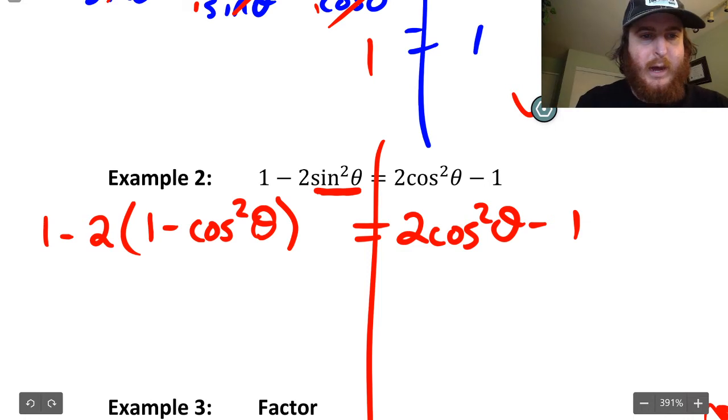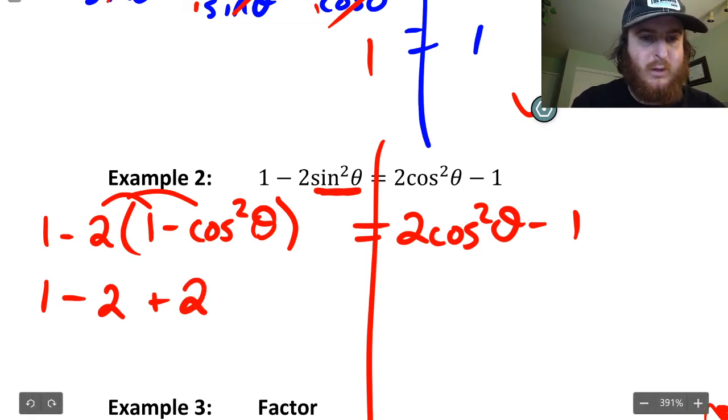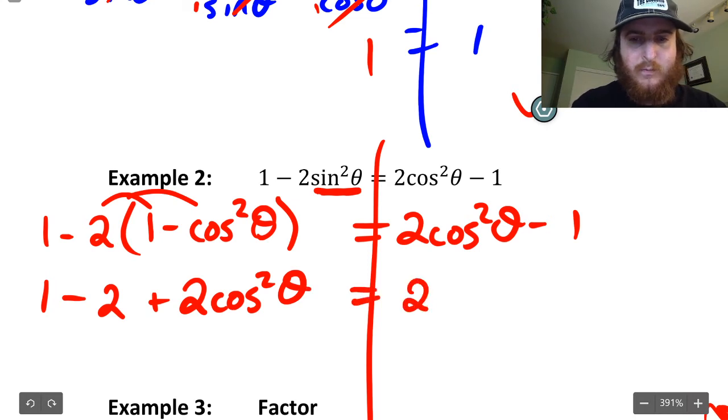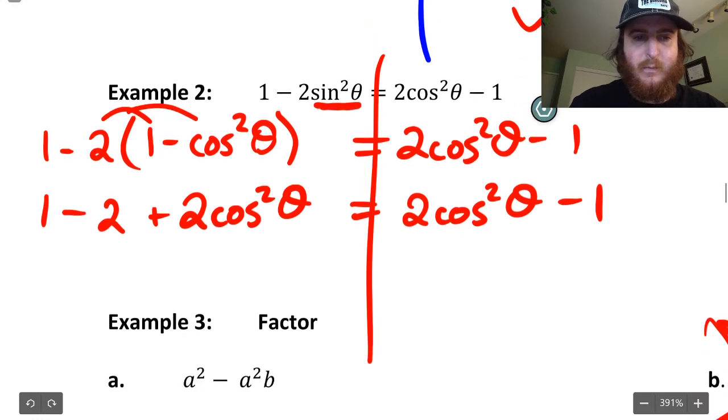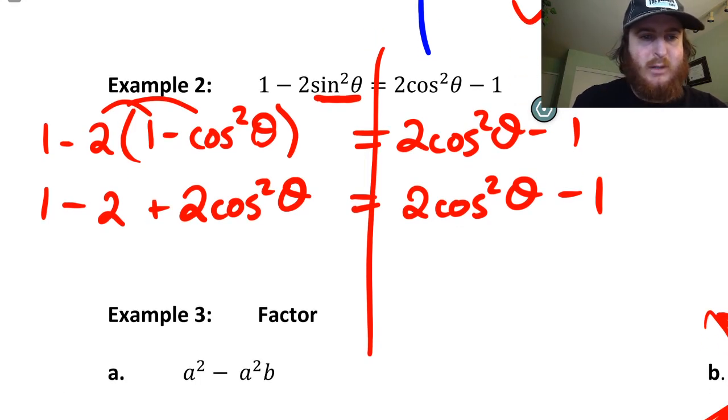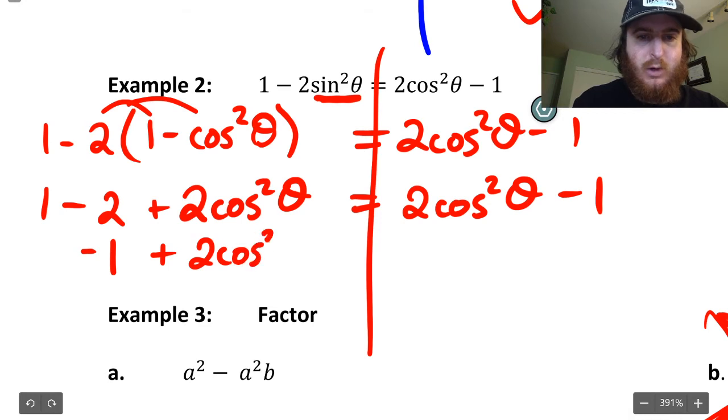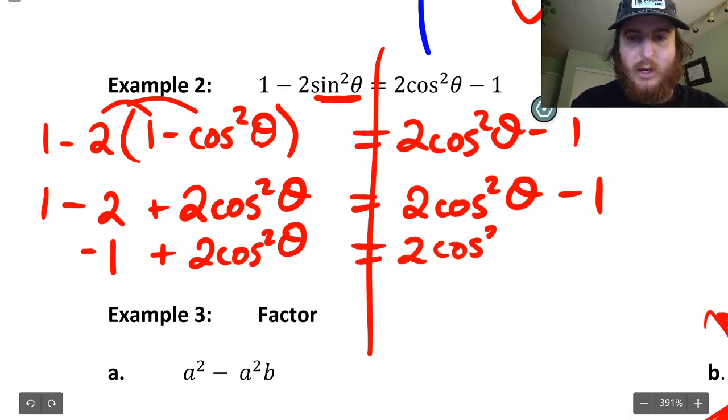Okay. Now let's distribute this. So we get 1 minus 2, and then plus, right? Because negative 2 times negative becomes positive 2 cosine squared theta equals 2 cosine squared theta minus 1. And 1 minus 2 is negative 1 plus 2 cosine squared theta equals 2 cosine squared theta minus 1.